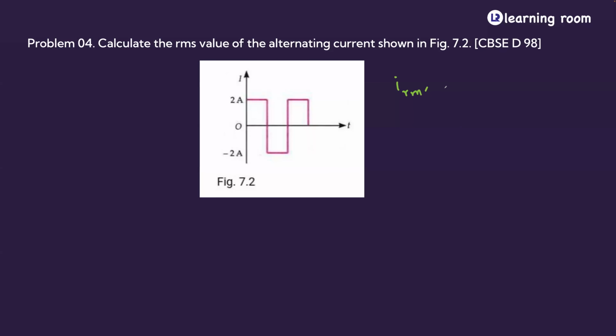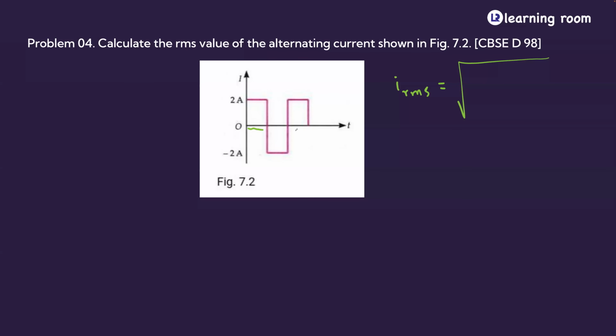So IRMS is equal to square root of, see, I used integral for time varying function. Here also it's time varying, no doubt in that. But if you observe, you either have a peak value or a lower value. So you either have plus I naught or minus I naught.